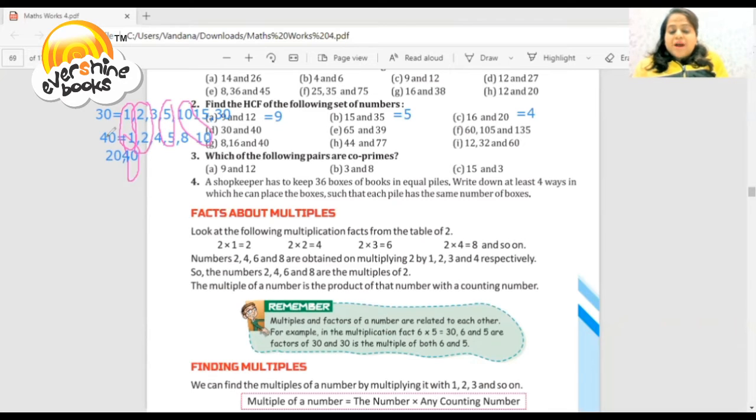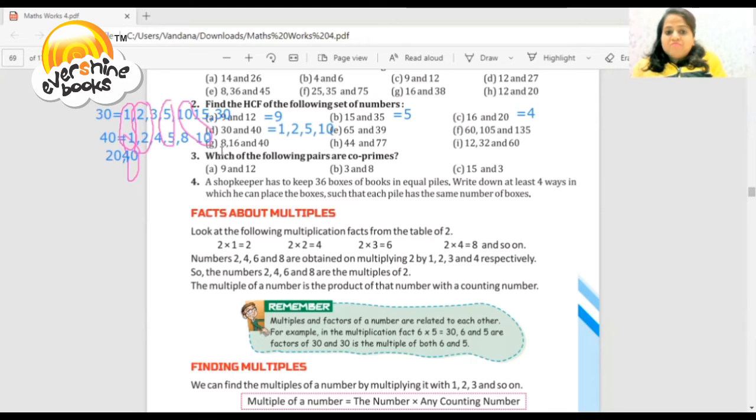So find out the common factors of both numbers 30 and 40. They are 1, 2, 5, 10.